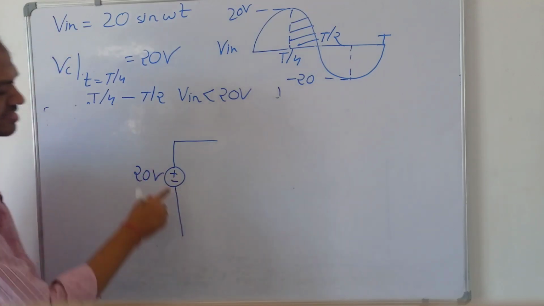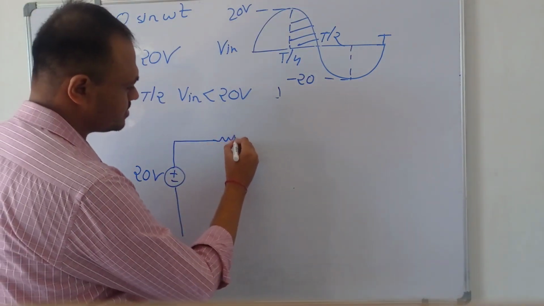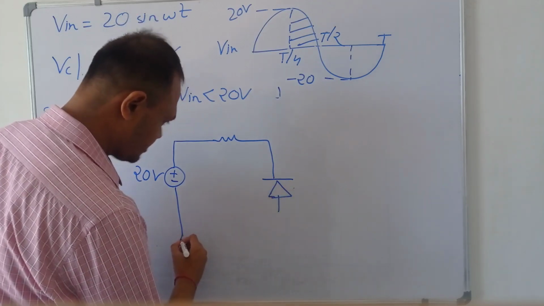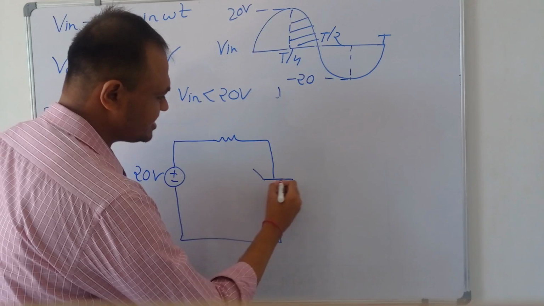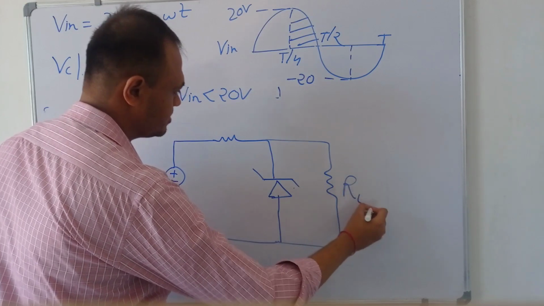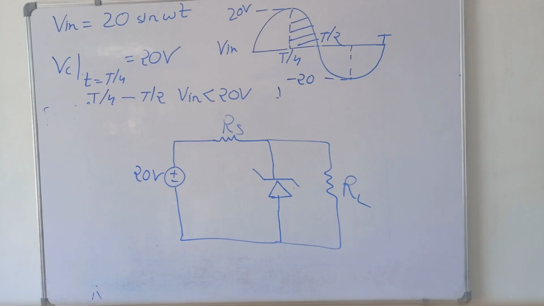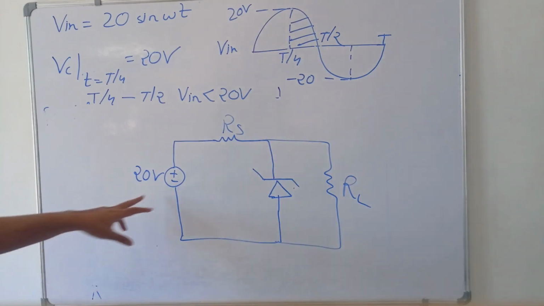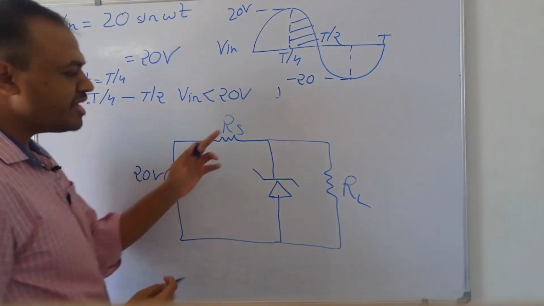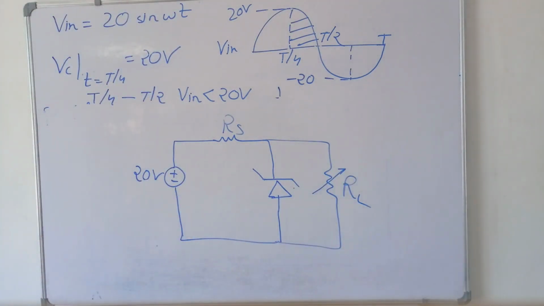So this is 20 volt, this is the voltage of the capacitor, this is your resistance Rs, this is the Zener diode, and this is the load resistor RL. So that big circuit has now reduced to this small circuit. This is the voltage of the capacitor, 20 volt. This is your Rs. We have to find its minimum value. This is RL, it is variable. This is the Zener diode.